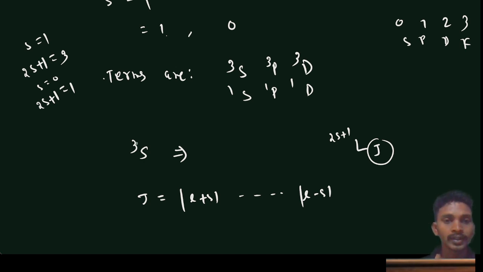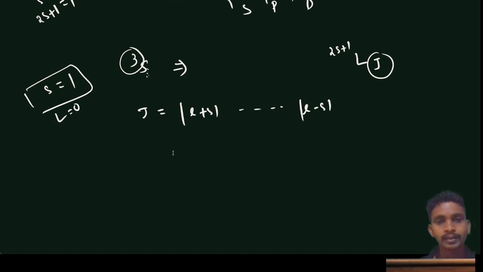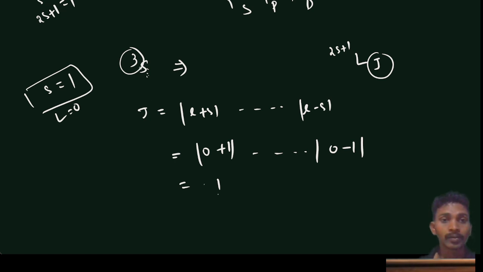So what is the S value? S is 1. And the L value for this S term is 0. So you just add it: 0 plus 1 down to 0 minus 1. So that will be 1, and this is also 1. So we get the term symbol for this 3S, which will be 3S1. So this is the term symbol.